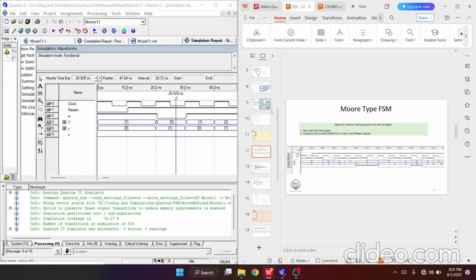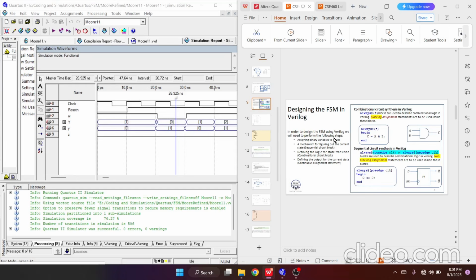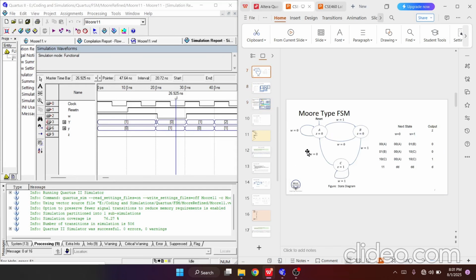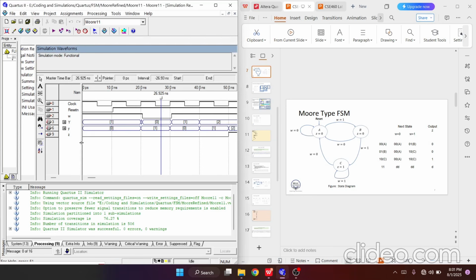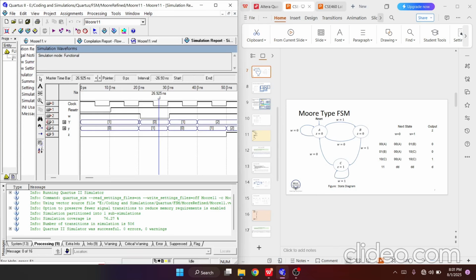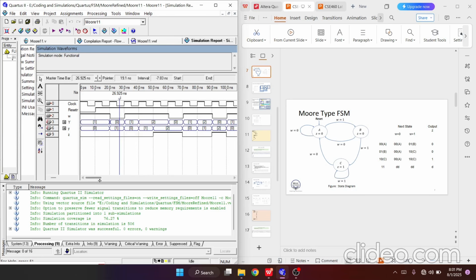So we will need this diagram now. I will just show the analysis a bit for this Moore type.